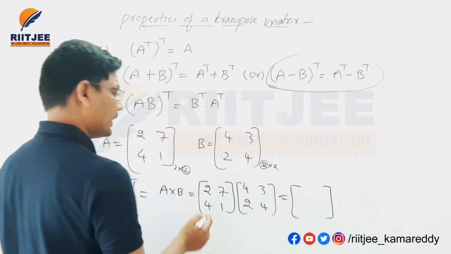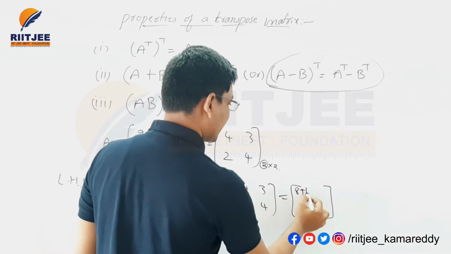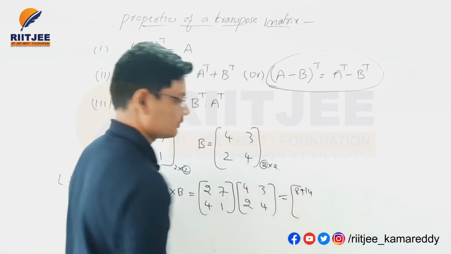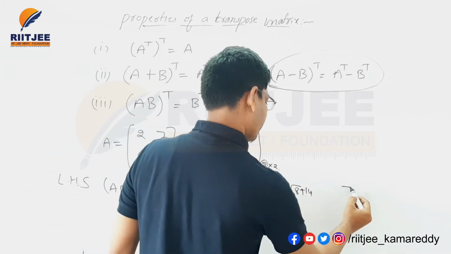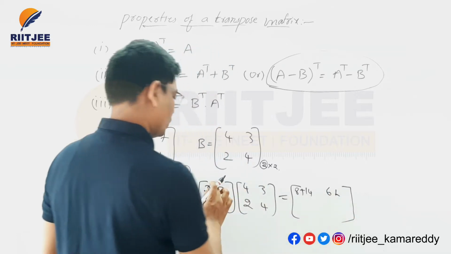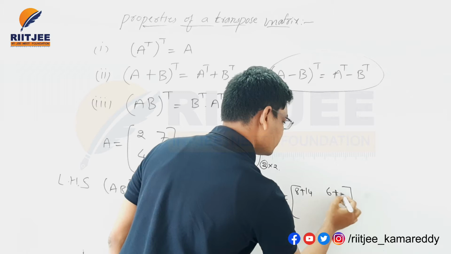This is the answer. Next, 2 4s are 8 plus 7 2s are 14. Directly I am writing here. Observe clearly, everyone. Next, 2 3s are 6 plus 7 4s are 28.